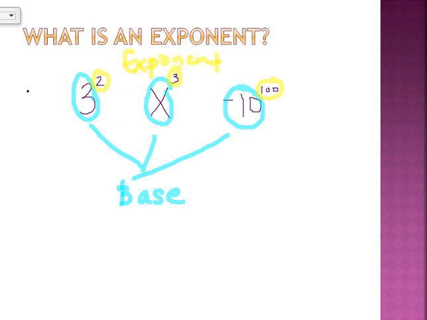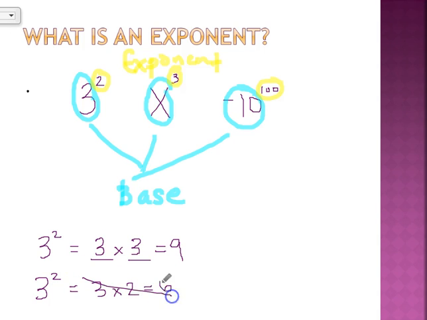And an exponent tells us how many times to multiply the base number by itself. So let's look at an example. 3 squared. The exponent tells us how many times to multiply the base times itself. So here we've got 3 squared, or 3 to the power of 2. So it tells us we're going to take that base and multiply it by itself 2 times, which would equal 9. 3 squared does not equal 3 times 2.